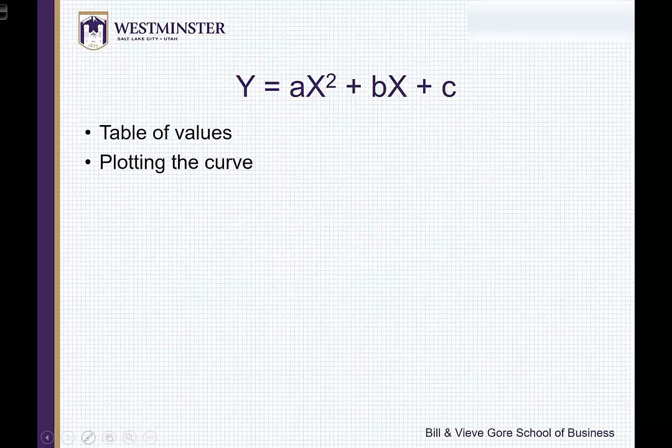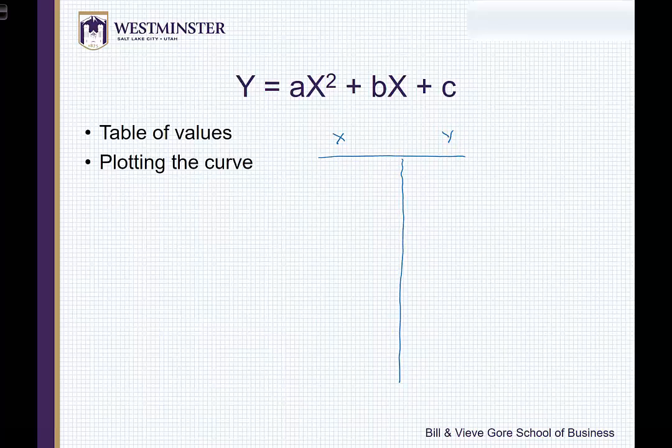We'll create a table of values to do this, to make it easy for ourselves. Since this isn't your basic straight line, it's a little harder than we had with the point-slope equation. I'm going to simplify this a little bit, and then I'll show you the completed table and how it graphs out. To do a table of values, I want my x values and my y values.